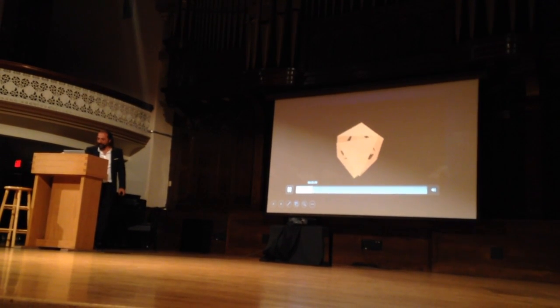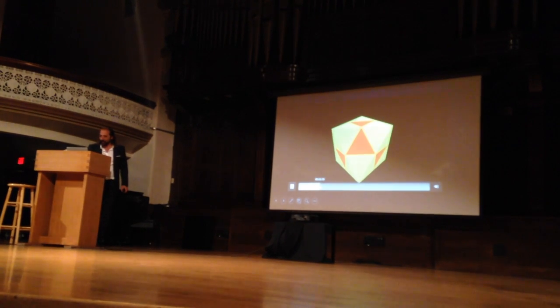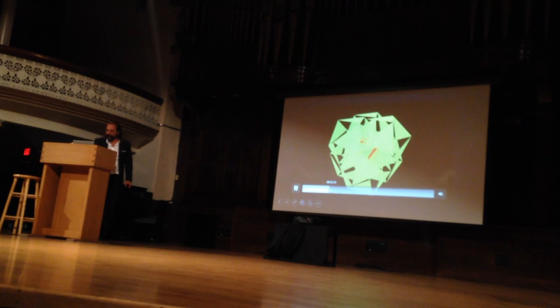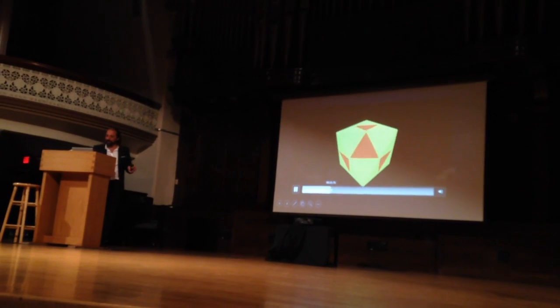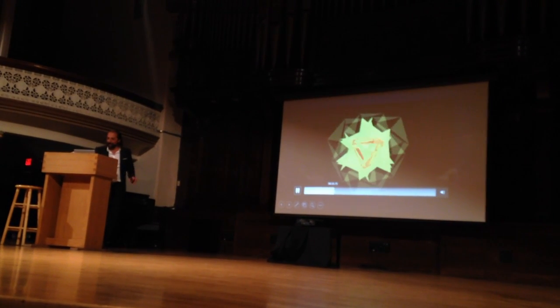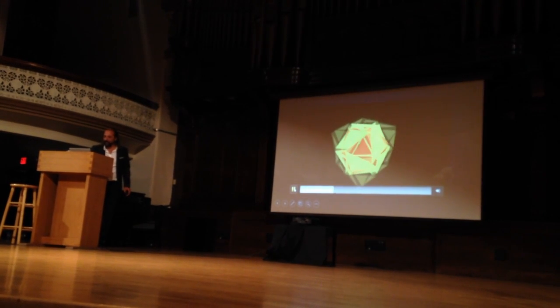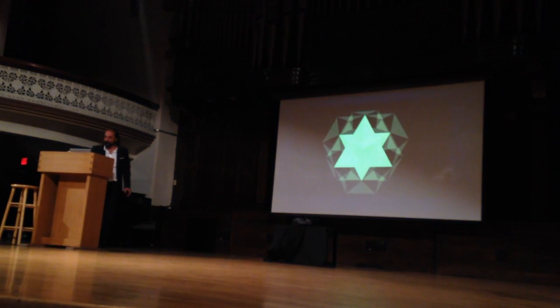So I've been wanting to talk to cardiologists about this because there's something really cool that happens here. When you put two of these side by side, which is what we did here, you're going to see.